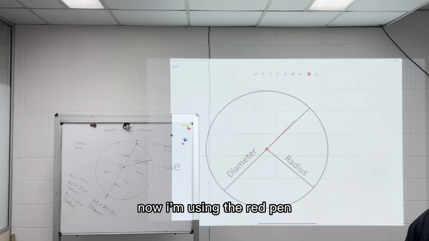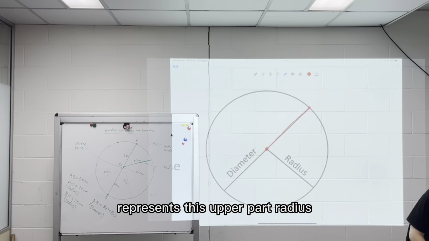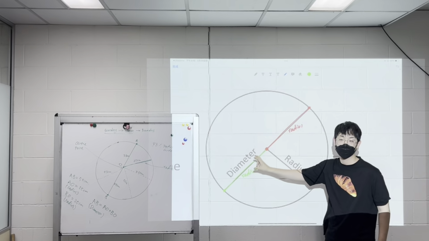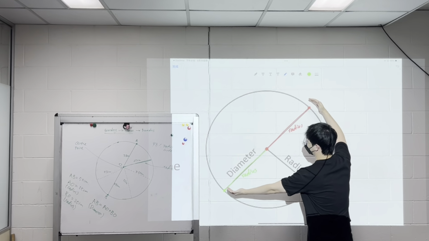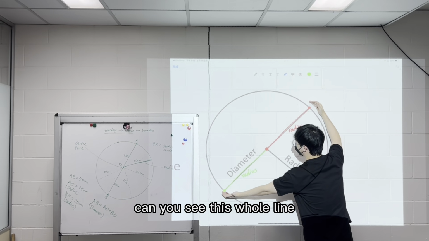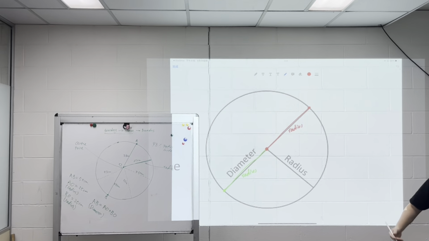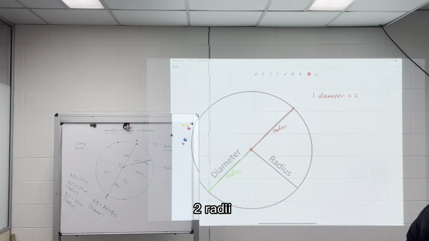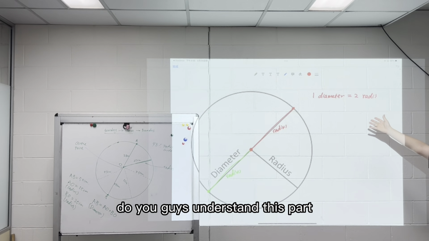Now, I'll use the red pen to represent the upper part radius. Can you see the actual radius? Yes? If I put them together, can you see this whole line is a diameter? Can I say that 1 diameter is equal to 2 radii? So radii is the plural of radius. Do you guys understand this part?